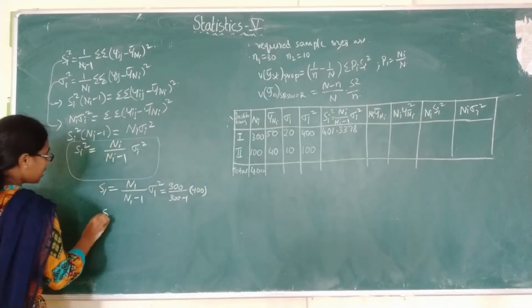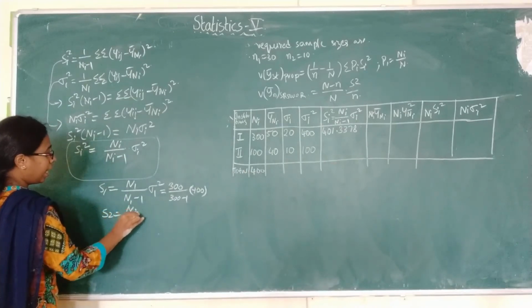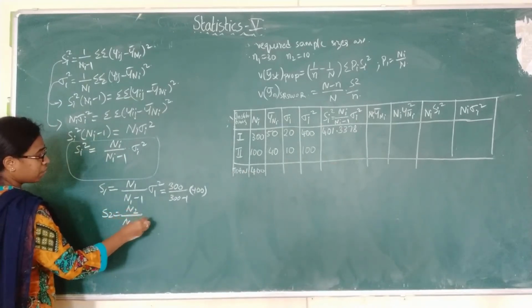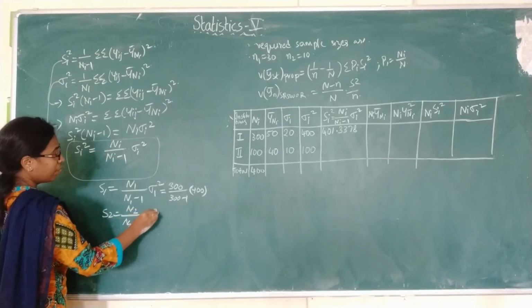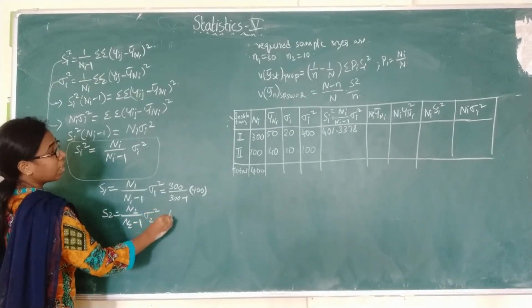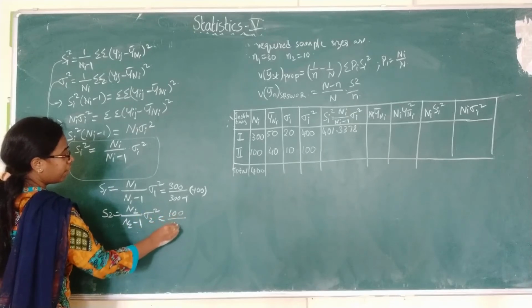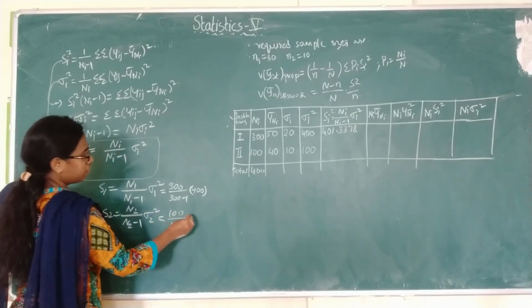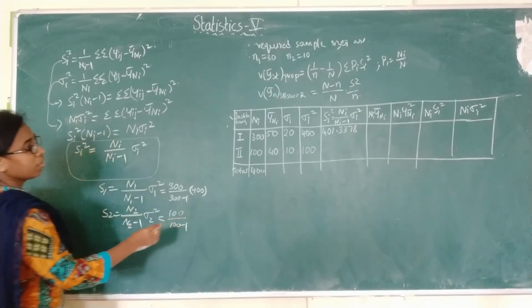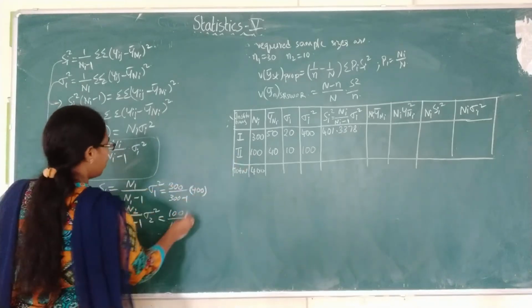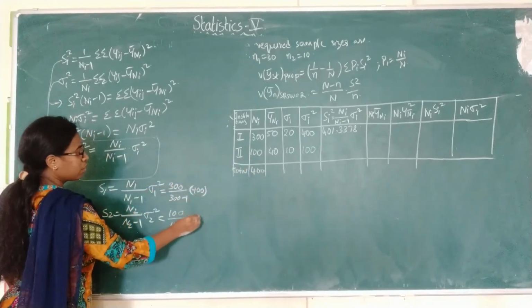Similarly, find out the second. S2 equals N2 by N2 minus 1 into sigma 2 square. That is 100 by 100 minus 1 into sigma 2 square, which is also 100.